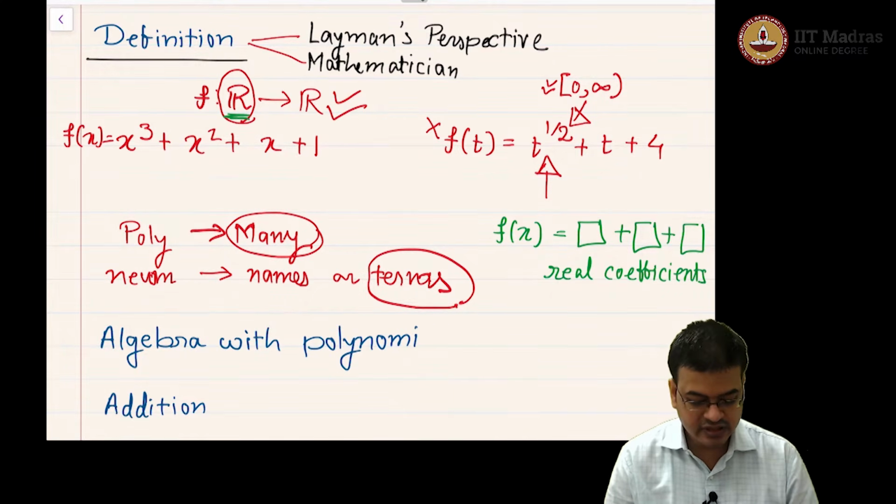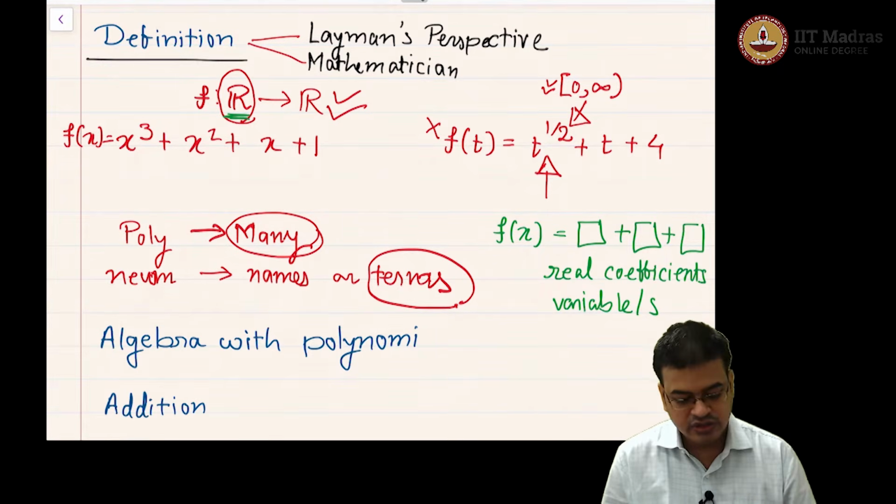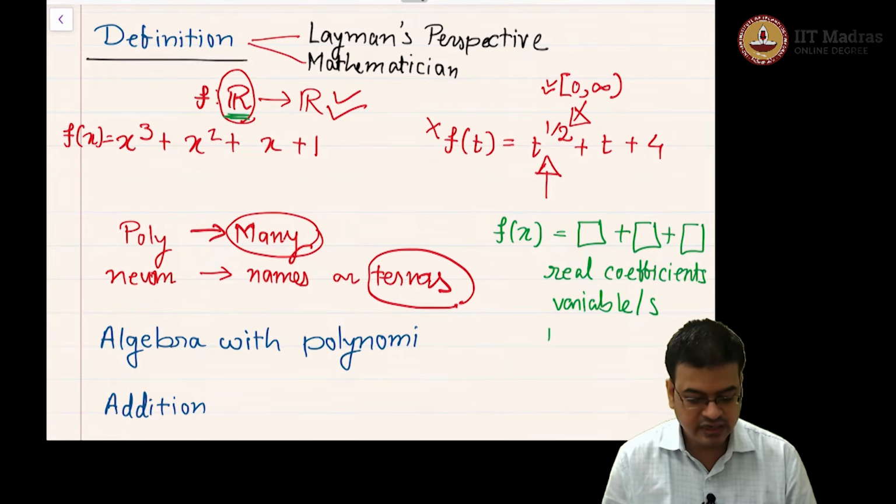The second thing is that the variable or variables, whatever you choose, if it is a polynomial in one variable, should be raised to natural exponents. Now, natural is something you have to be very careful about. What is a natural exponent here?